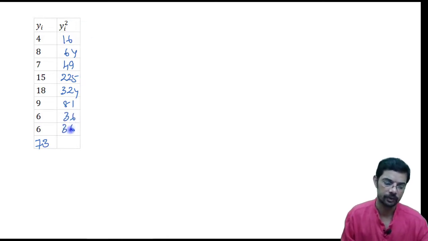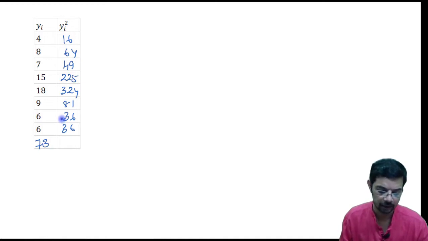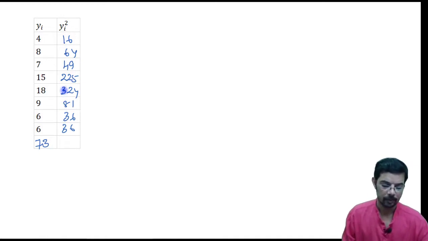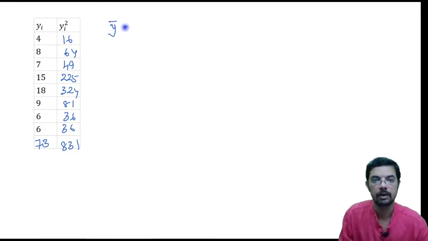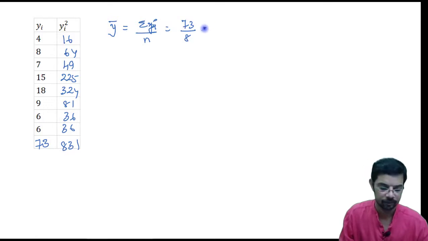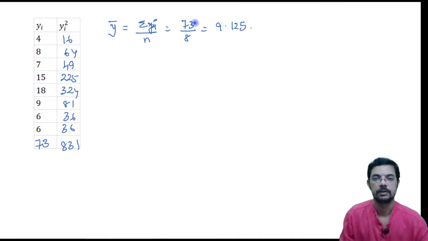When you add all of them, what we get is 831, the sum of yi square. Again we need to find y bar. Y bar is equal to sigma yi divided by n, which is 73 divided by 8. So what we get is 9.125.